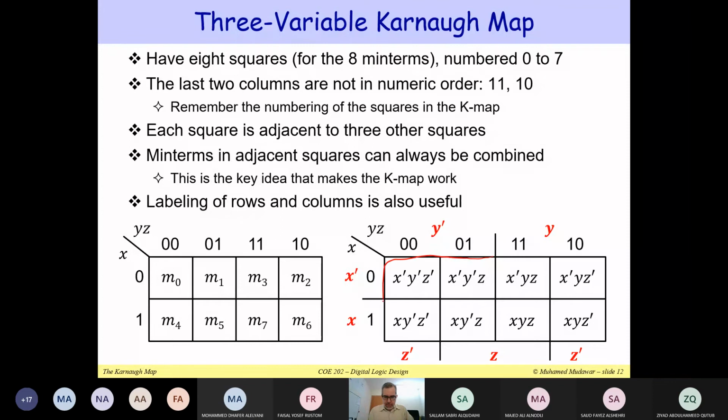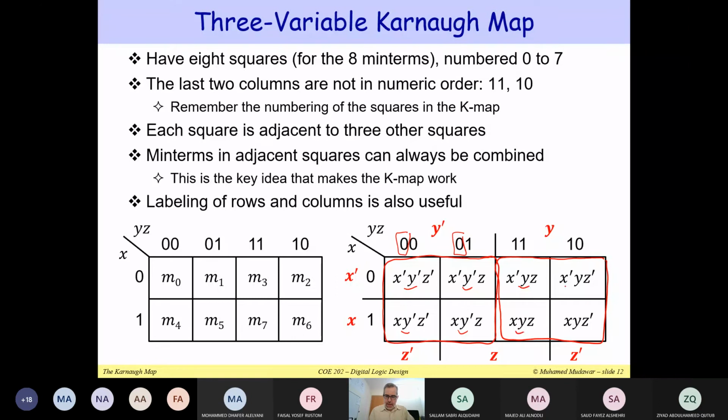If I erase this, notice that I can combine these 4 squares. For these 4 squares, y is equal to 0, so we have y prime, y prime, y prime, y prime. If you combine them, you get y prime, and it does not depend on x or z. If I combine these 4 adjacent squares, you get y.